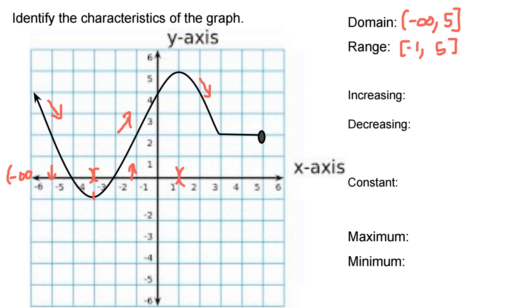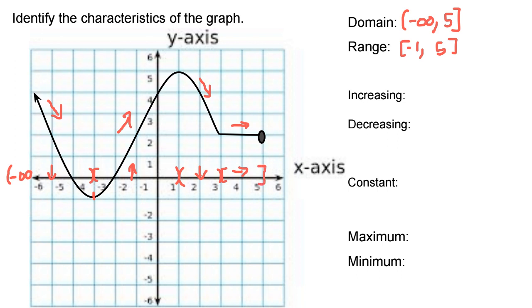It looks like I'm stopping just before 3, but we're going to estimate it and say it's at 3. And then lastly, it looks like it goes flat until 5.